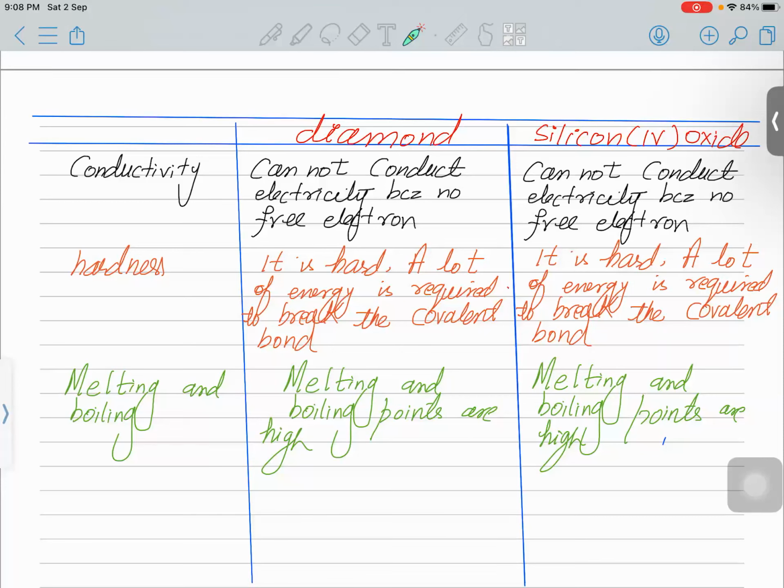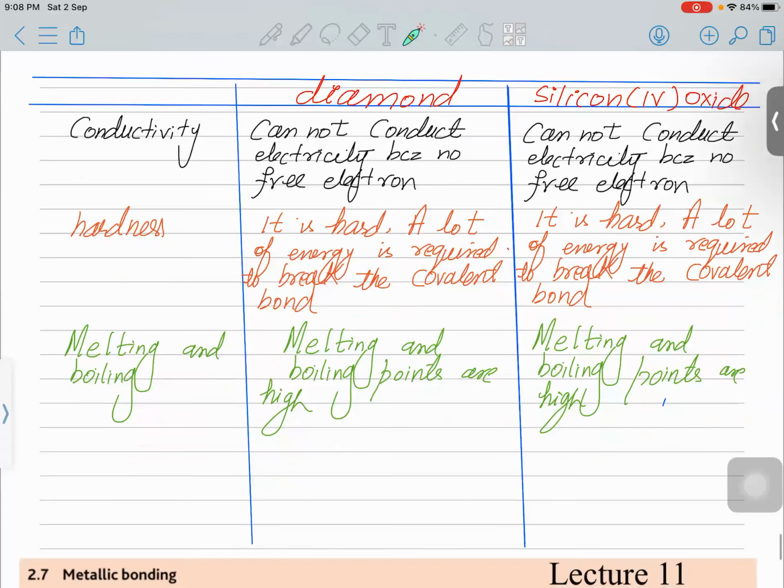Both of them have a tetrahedral structure, correct? And both do not conduct electricity, right?